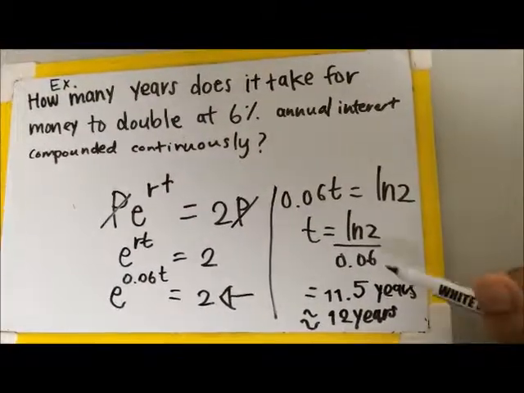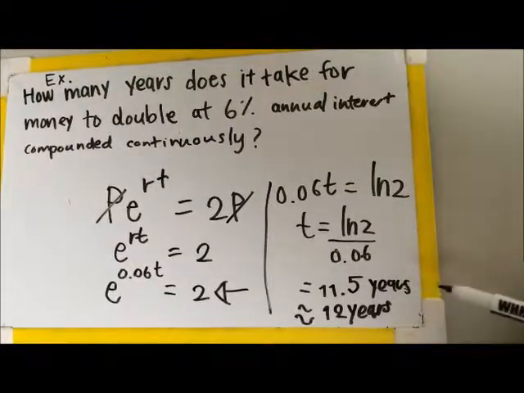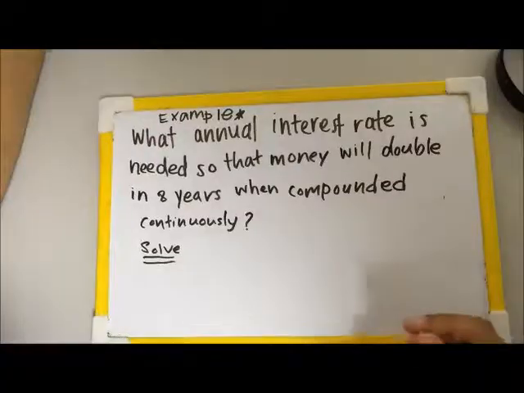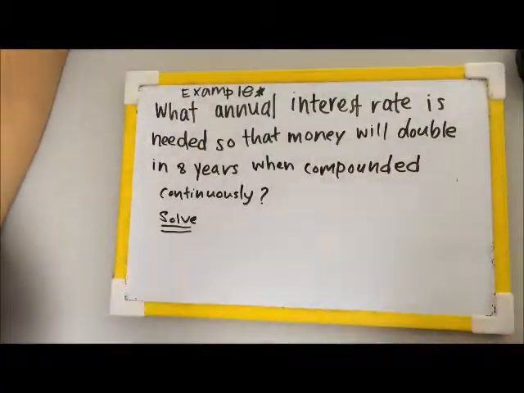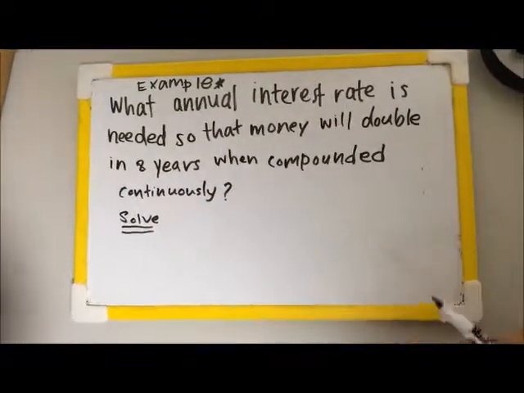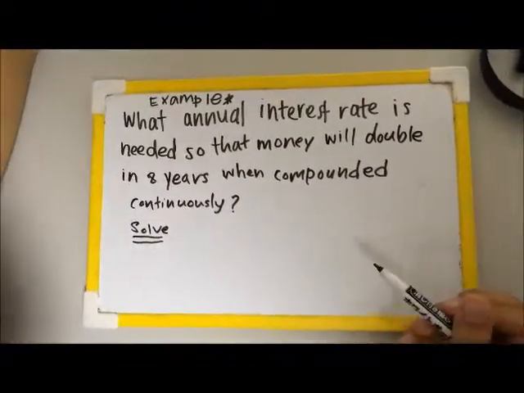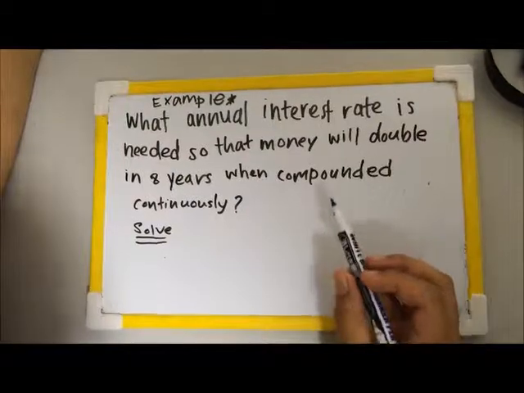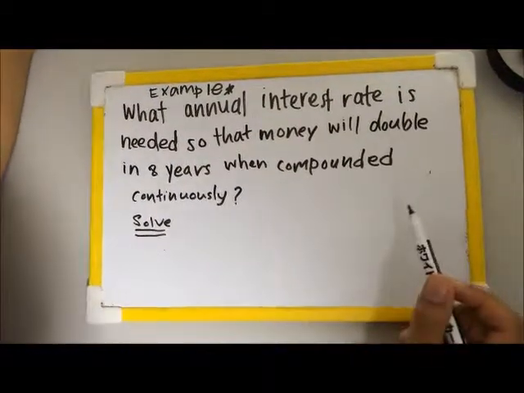in about 12 years. For another example, the question is what annual interest rate is needed so that money will double in 8 years when compounded continuously.